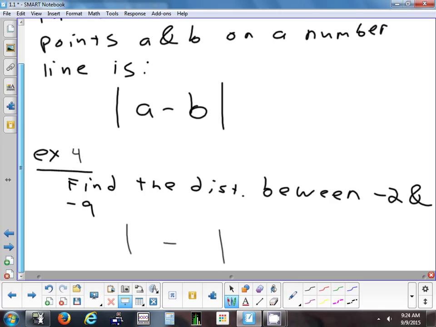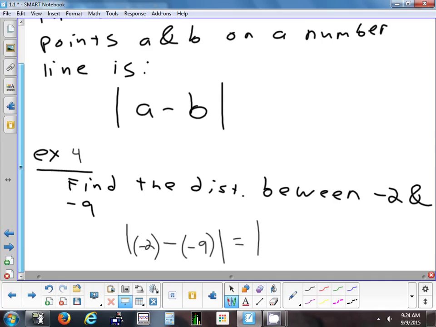Okay, so let's find the distance between these 2 points. Taryn, what am I going to plug in for a here? Sure, plug in negative 2. And for b, negative 9.